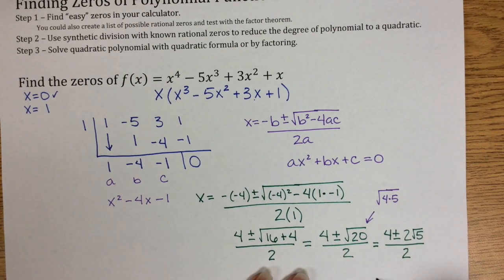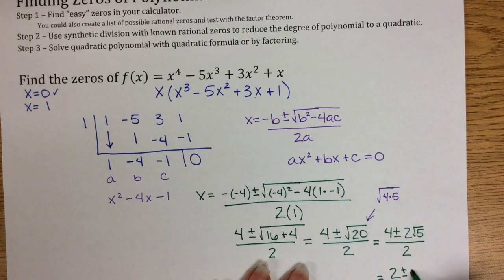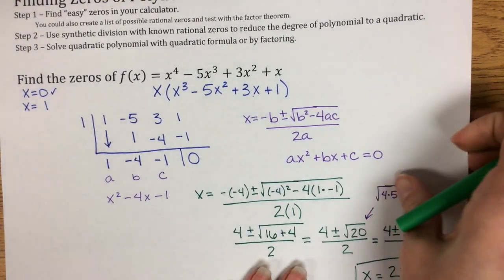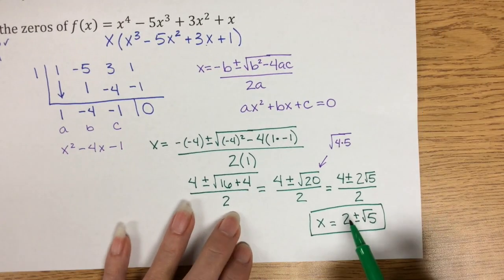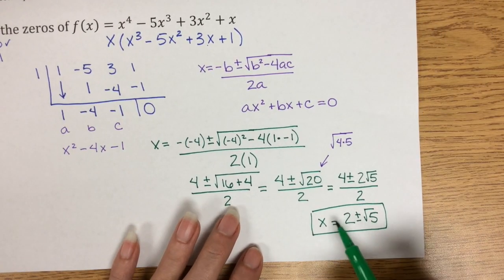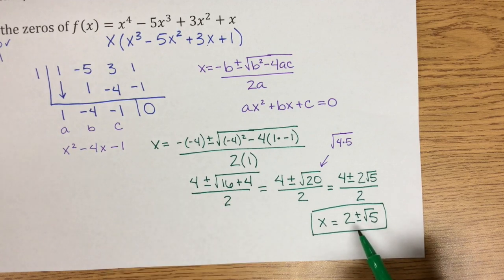So we can say that this equals 2, 4 divided by 2, plus or minus 2 divided by 2 is 1. So that is just the square root of 5. And that is actually 2 zeros, because it is 2 plus square root of 5 and 2 minus square root of 5. They will always come in pairs.